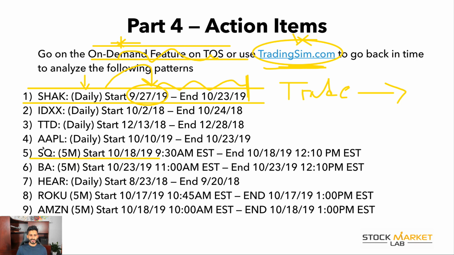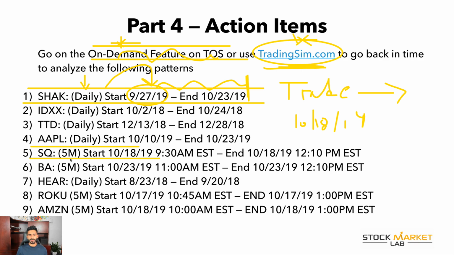Now, if you go to another one such as Square, you're going to start from 10/18/2019 at 9:30 a.m. Eastern Standard Time. The play is on a 5-minute chart.